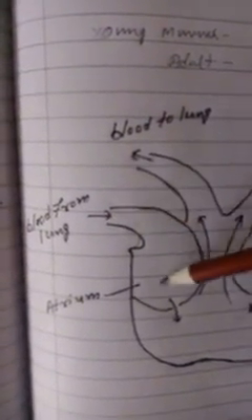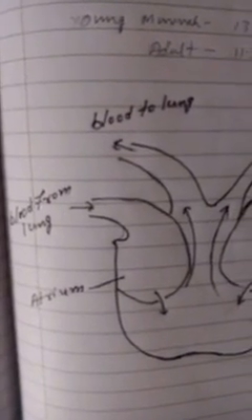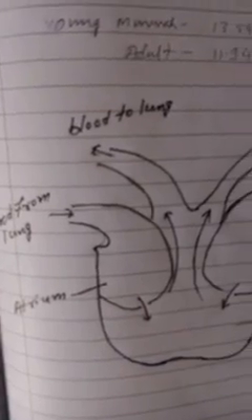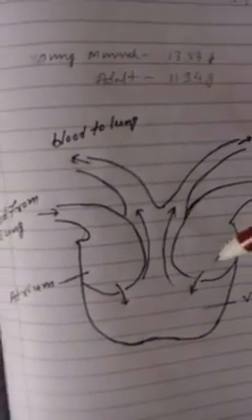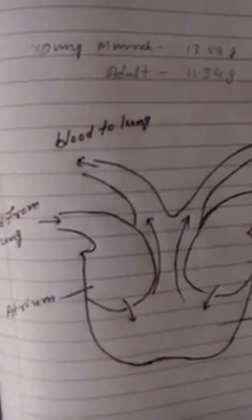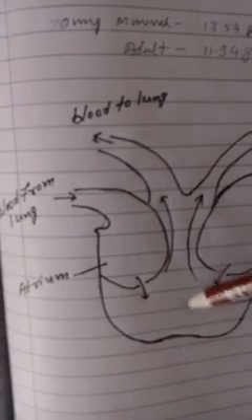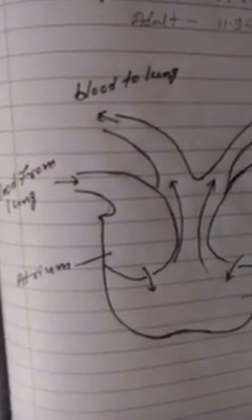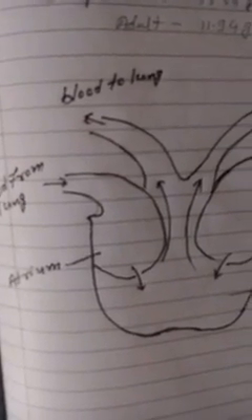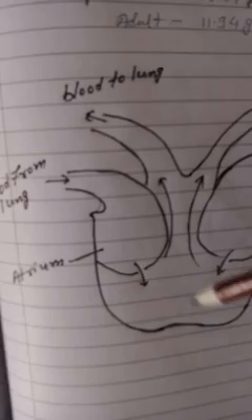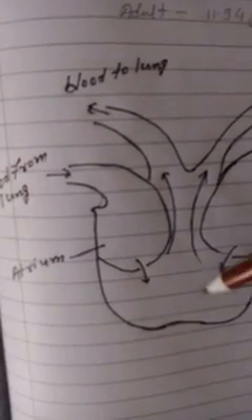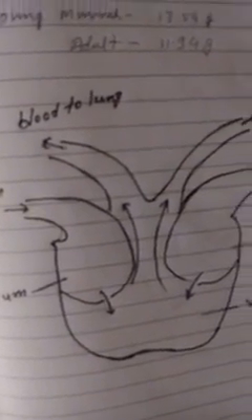Now this atrium will be bringing deoxygenated blood, and this atrium will be bringing oxygenated blood, and both the oxygenated and deoxygenated blood are pumped by these two atria to the ventricle. Now the ventricle will have a mixture of oxygenated and deoxygenated blood, and when this ventricle pumps, the blood will go to the lung and to the body parts.